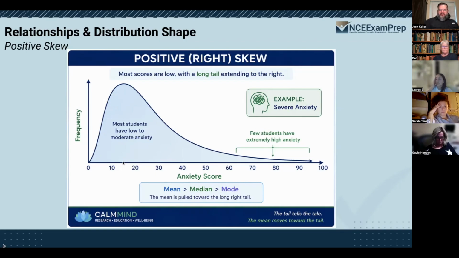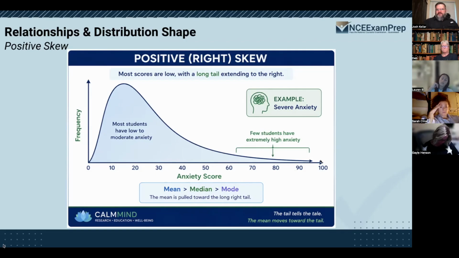Like 15. Yeah, it'd be like 15, right? We don't have it exactly because our scale here doesn't have it. But the mode would be about 15 because that's what most students scored. But the middle score, the median, is going to be right around 50. But our average is going to be higher than that because of all of these high anxiety scores. It's going to skew the results positively.